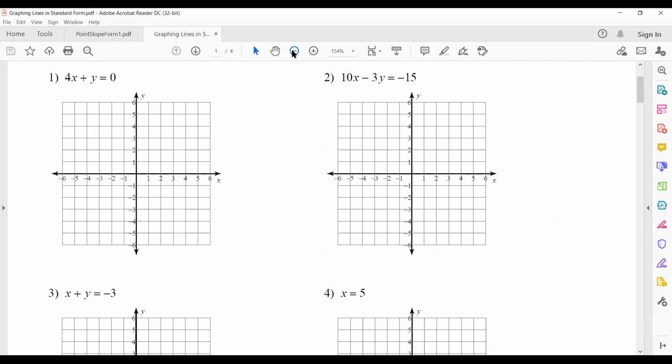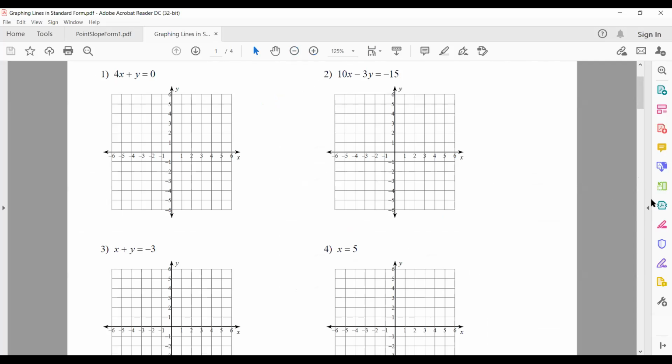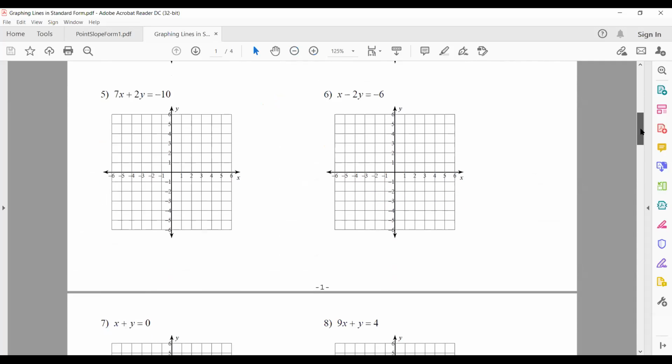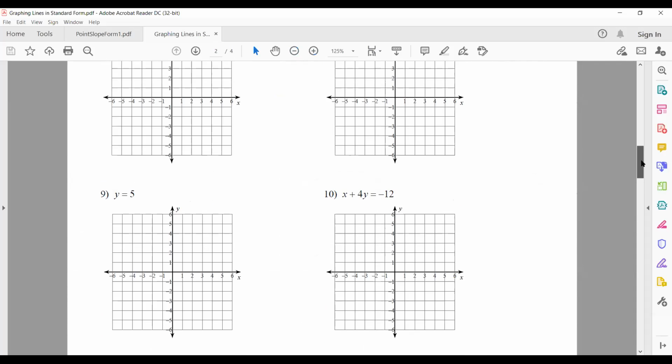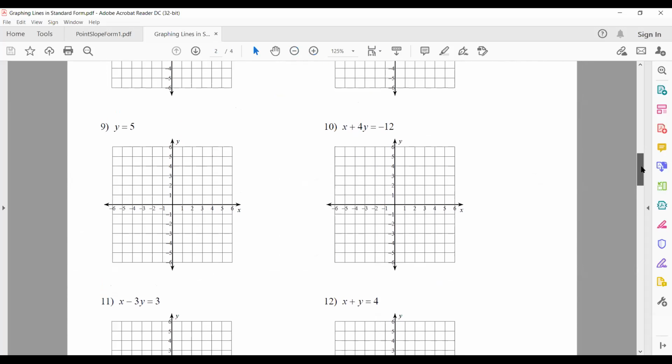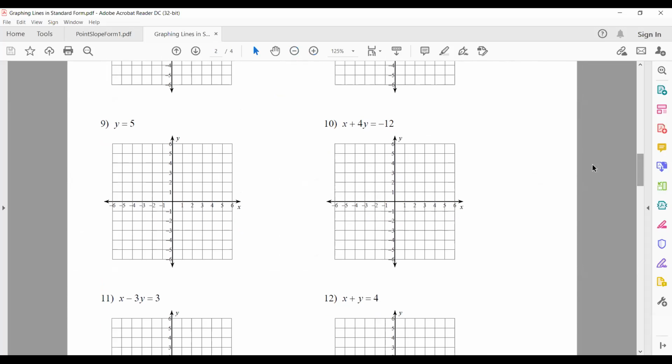Get this back down to some reasonable scale. See if I can find one where... a lot of these you could use the cover-up method, like on number 10. That's going to be fairly simple to come up with intercepts.